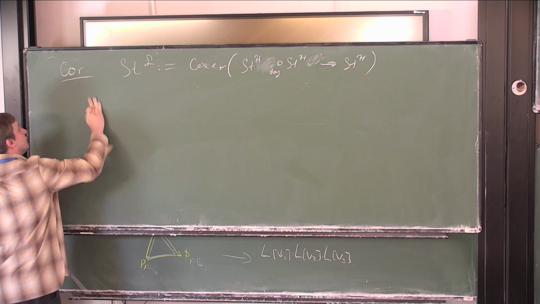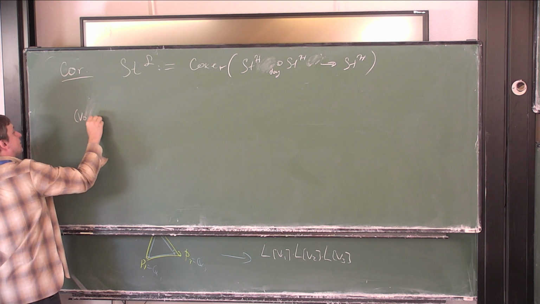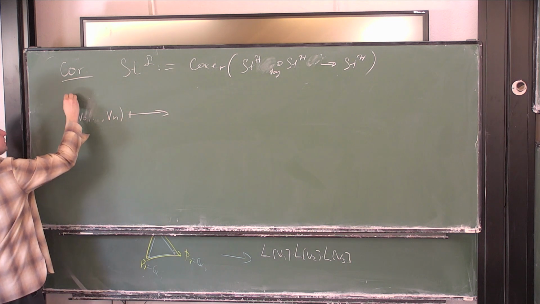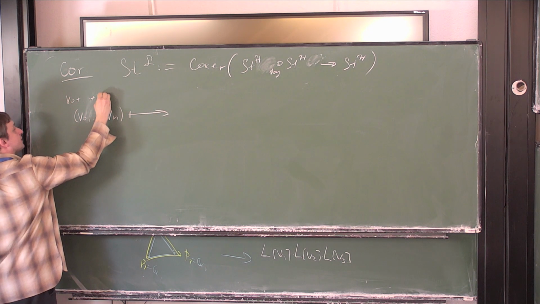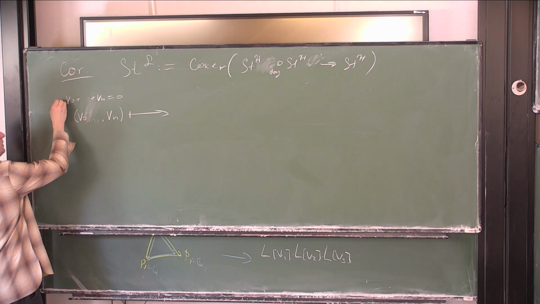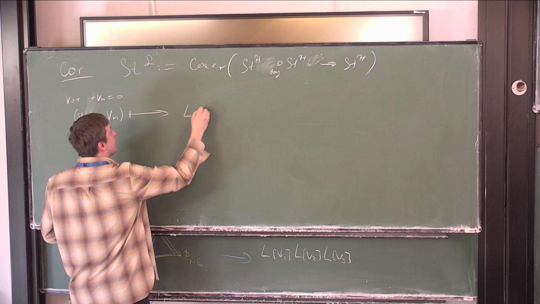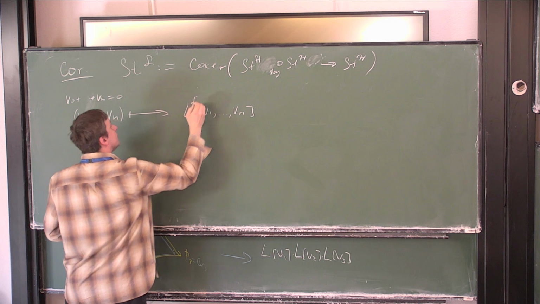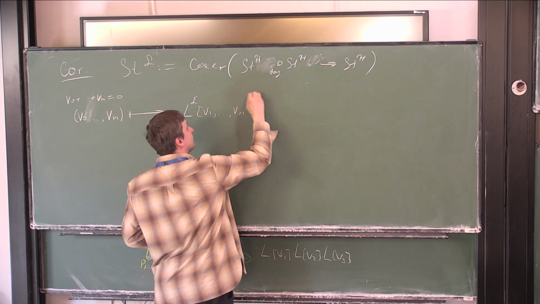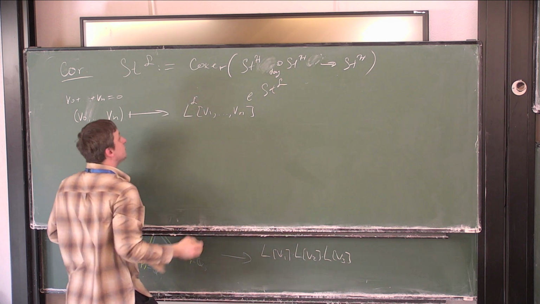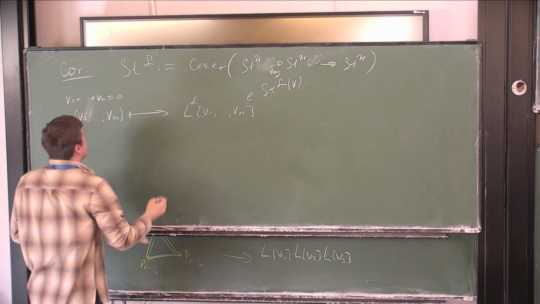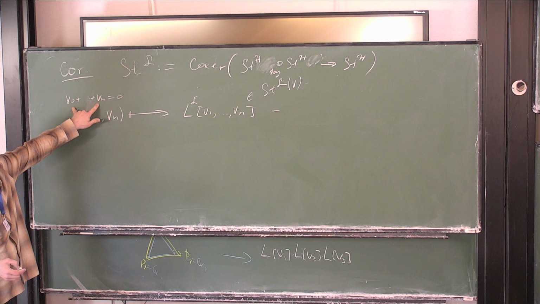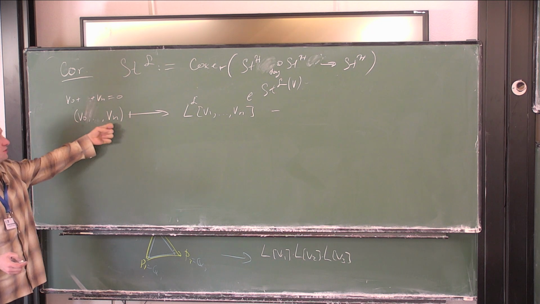So I'll define first a function on sets of vectors with sum 0, and I will map it to L of V1, Vn in the composable part, in Steinberg. And the claim is this function of n plus 1 tuples of vectors with sum 0 is dihedrally symmetric in the shifts of the indices.